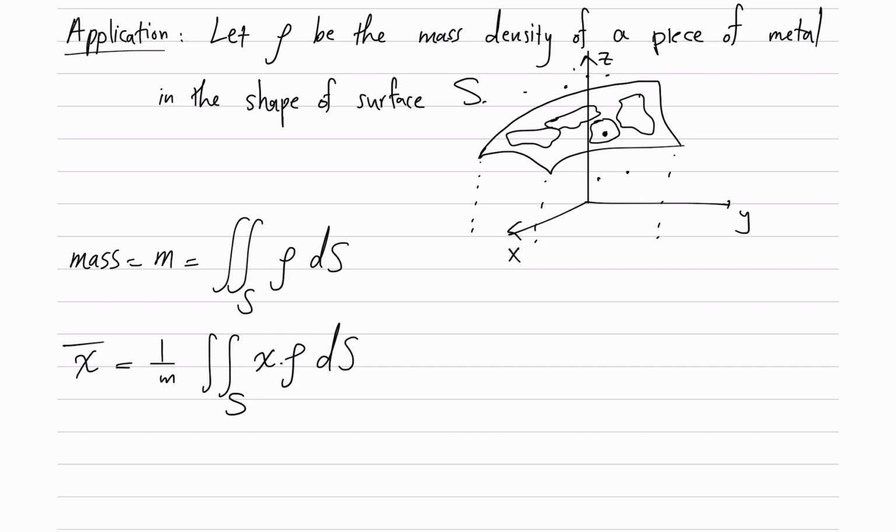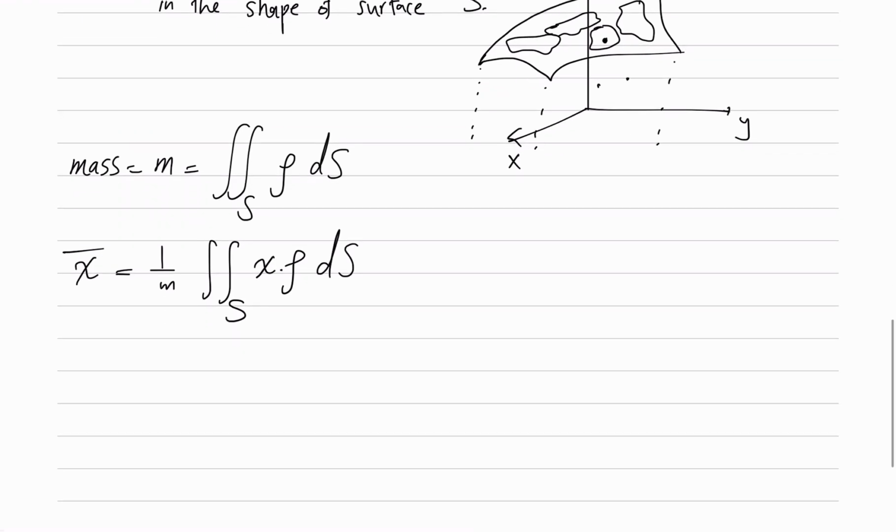If you want the moments, you just multiply in x squared and things like that. I wouldn't torture you with moments and the other stuff from physics in 3 dimensions. We have discussed them in detail in 2D.